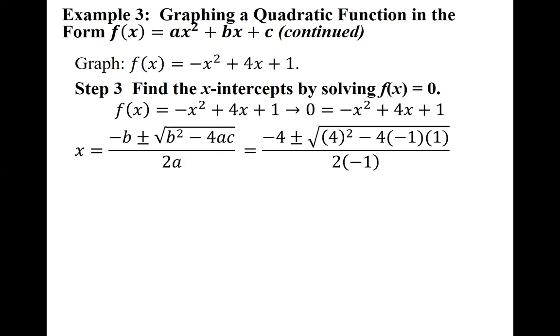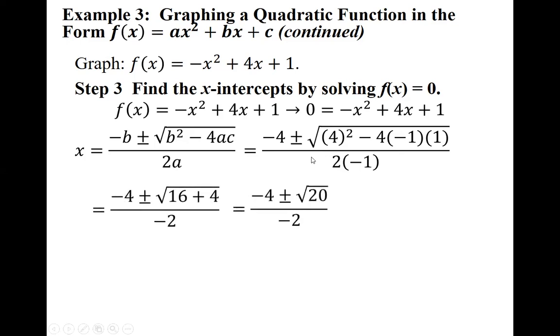Plug it in. Underneath the radical, we have 4 squared minus 4 times -1 times 1. That's 16 plus 4, or the square root of 20. The square root of 20 is the square root of 4 times the square root of 5, or 2 radical 5.